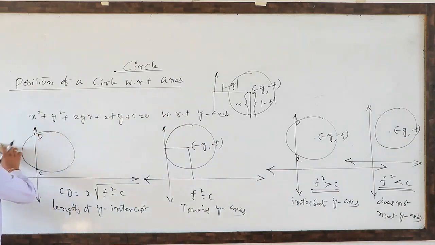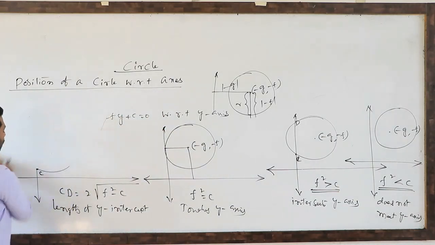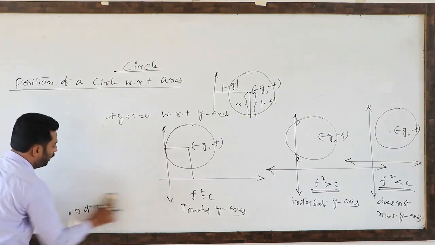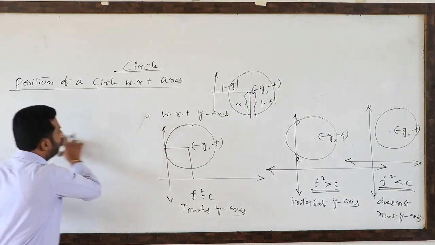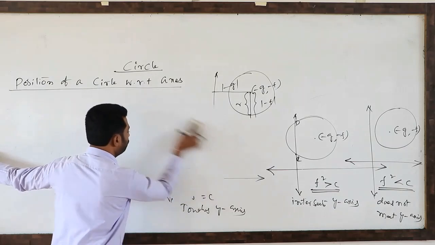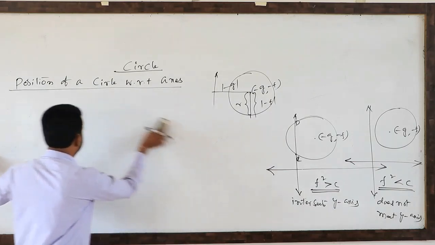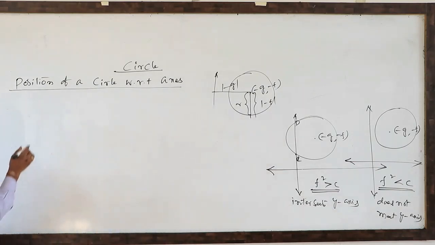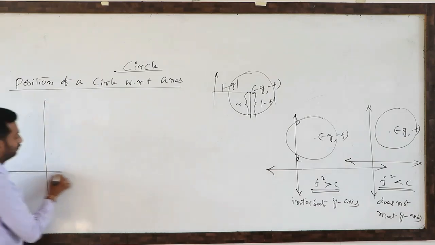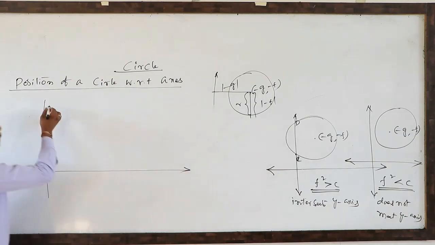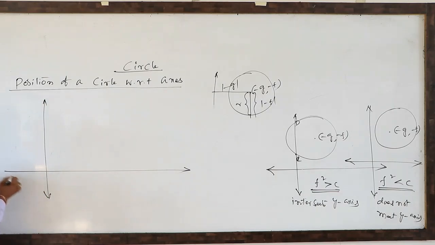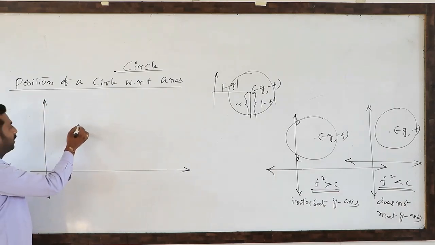Now, suppose a circle touches both the coordinate axes. You observe, one circle is there.